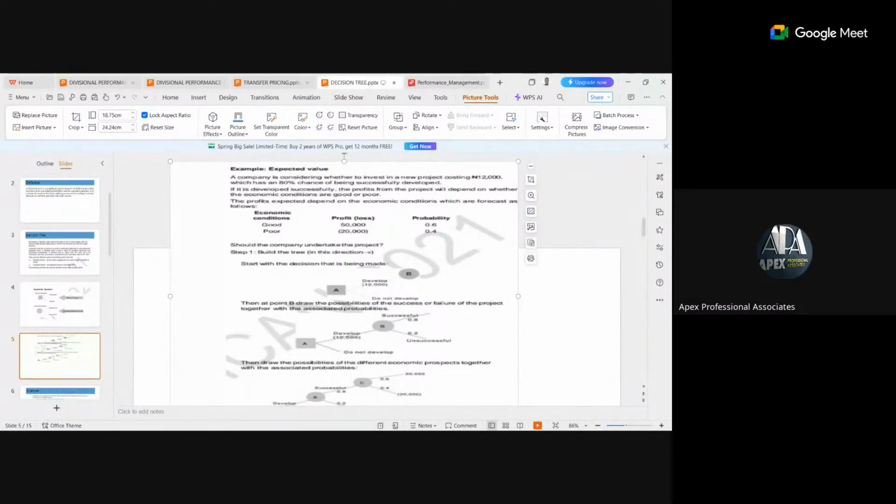The probability of it not being successful will be what? 0.2. Now, it does not stop there. You still have to make another choice. Now, if it is successful, the possibility of you making profit or loss is given with associated probability.